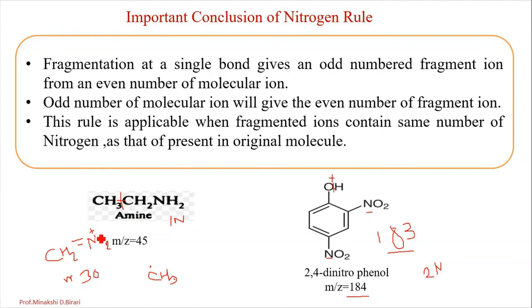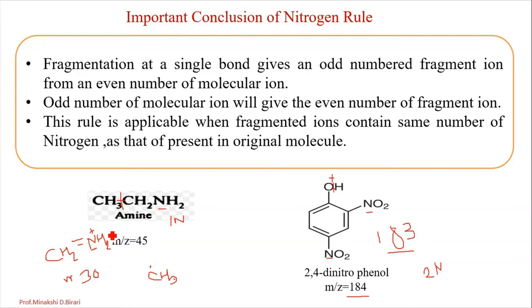Here also one nitrogen is present in the fragment ion and in the molecular ion, so the number of nitrogens is 1, an odd value. In this example, the odd-numbered molecular ion gives an even-numbered fragment ion.